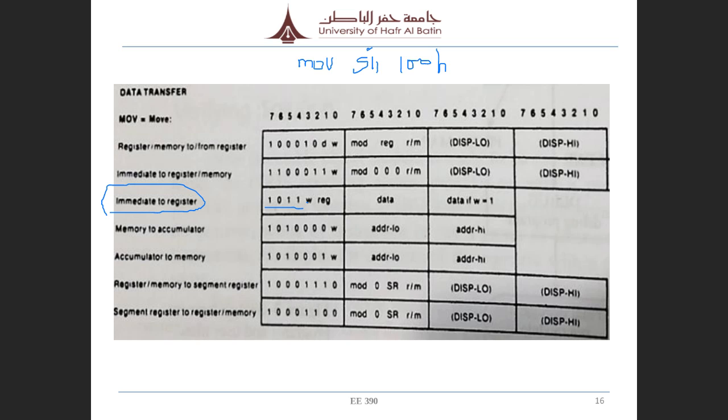Is it a 16-bit or 8-bit operation? The register is 16-bit. Even if the data is not in 16-bit format, we can add a 0 in front to make it 16-bit, so it has a first byte and a second byte. Definitely it is a 16-bit operation, so W is 1.